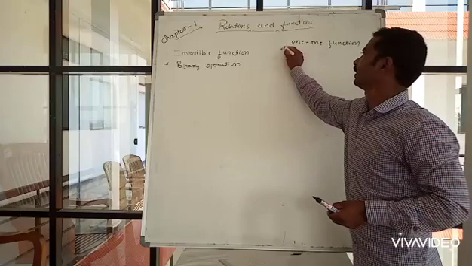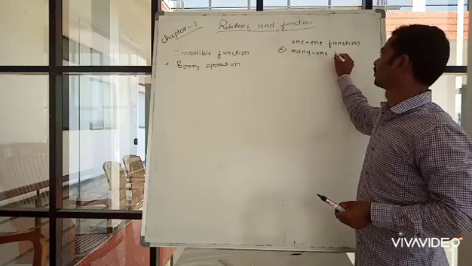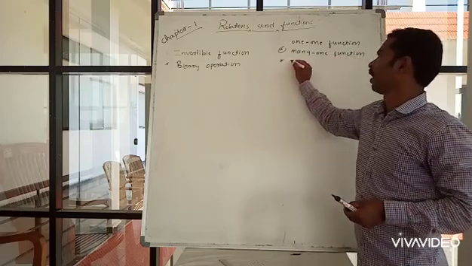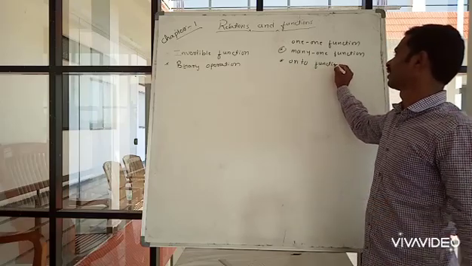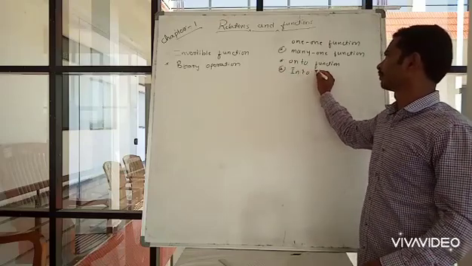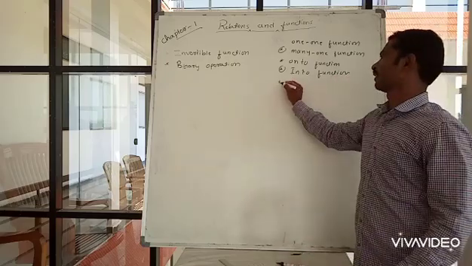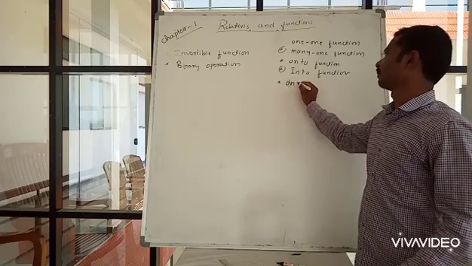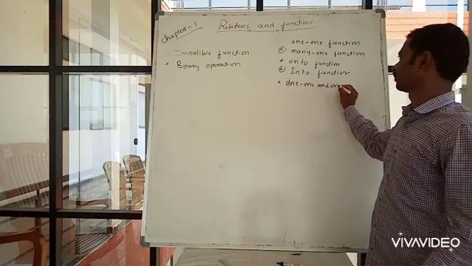Second one is many-one function. Third one is onto function. Fourth one is into function. Fifth one is the one-one and onto function.